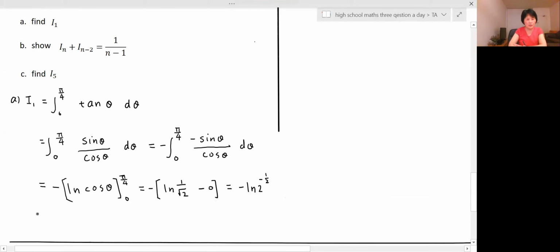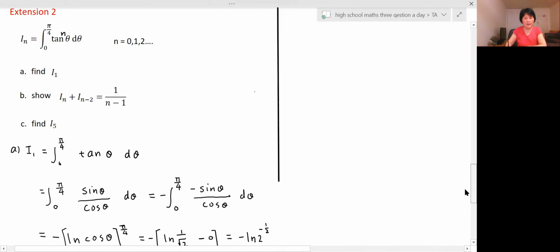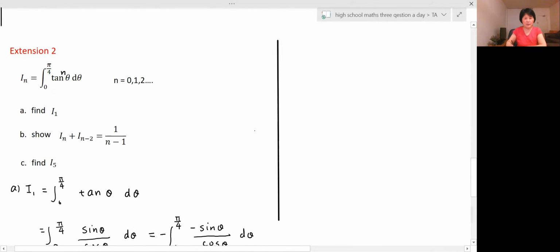Okay, so now I can move the power minus half to the front. So minus times minus half is positive half. Okay, so now I finished part A. Now we do B.